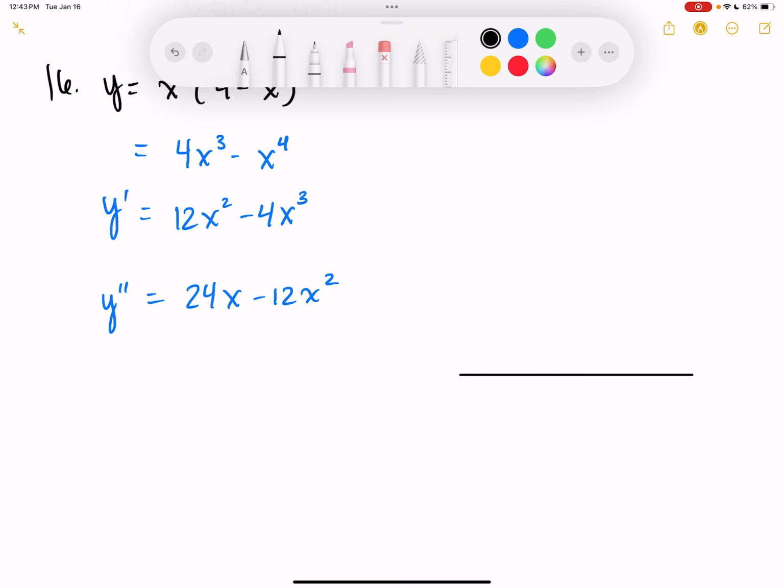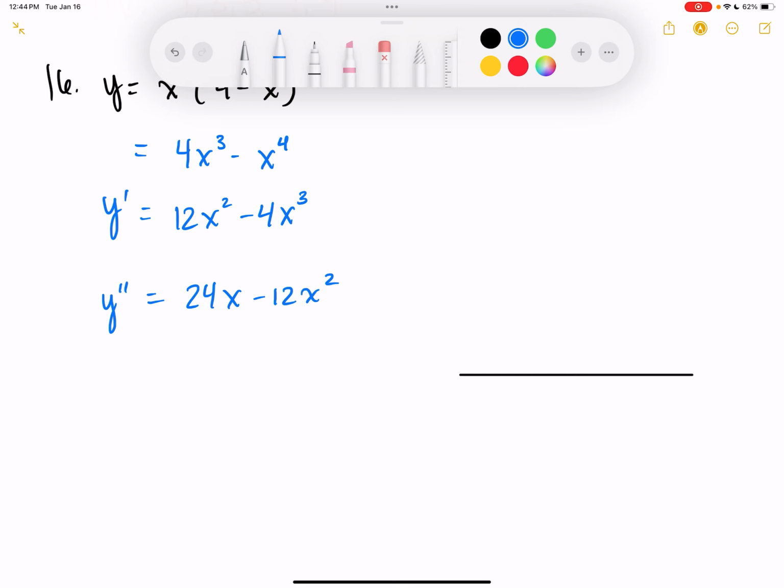All right, now what goes on there? Numbers. No, first we need to solve for where the second derivative equals 0.